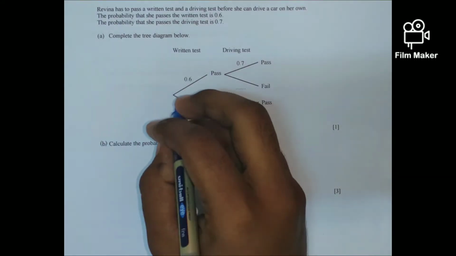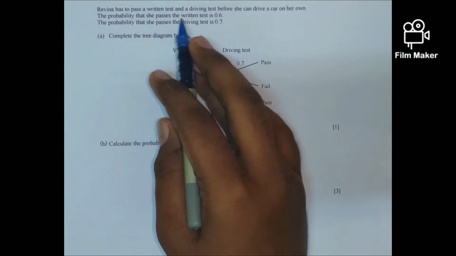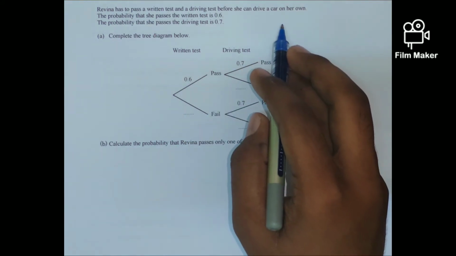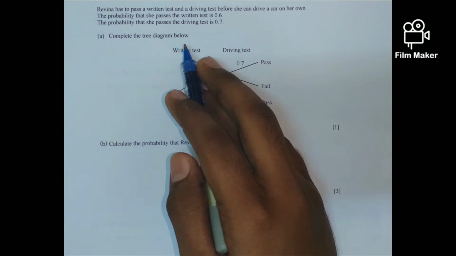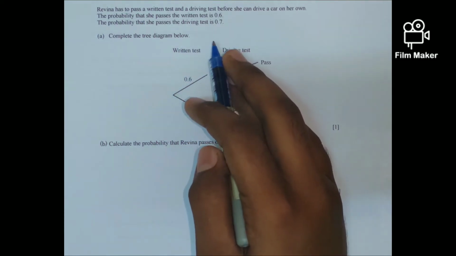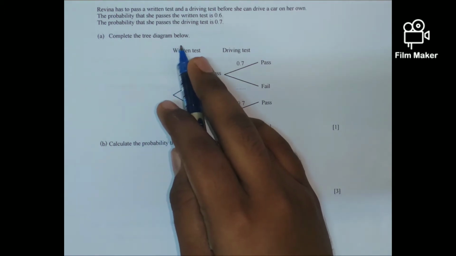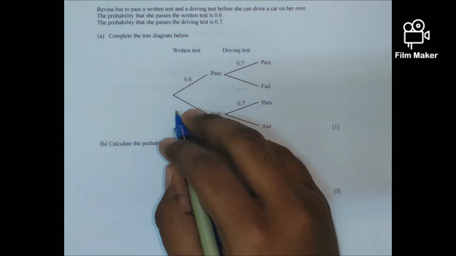Our second question is: Ravina has to pass a written test and a driving test before she can drive a car on her own. The probability that she passes the written test is 0.6, and the probability that she passes the driving test is 0.7. Complete the diagram.